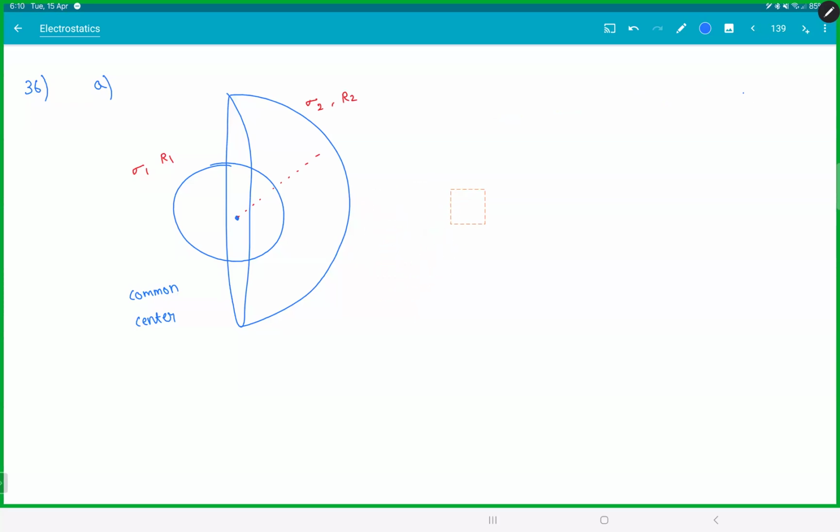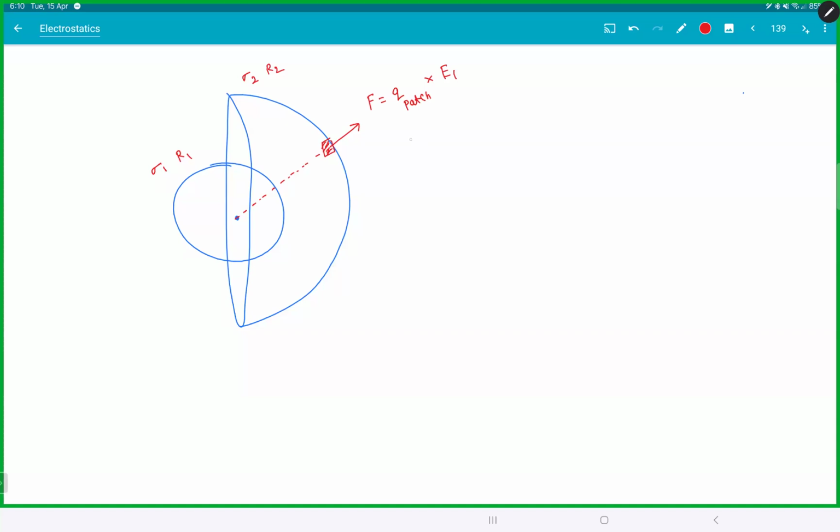Let's see whether you got this thing. So what we will do, let's take a small patch here, a small patch. So this guy is sigma 1, R1. This is sigma 2, R2. So the force on this small patch will be the charge on that small piece into the field due to the inside one. Agreed?